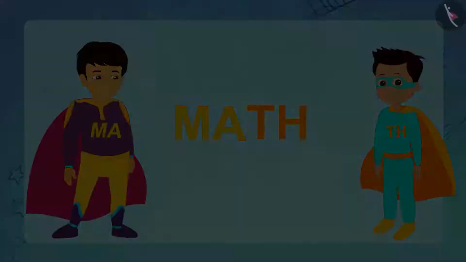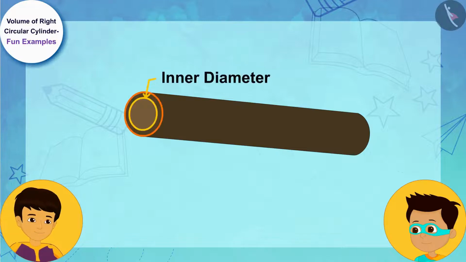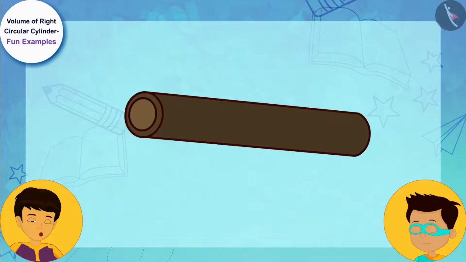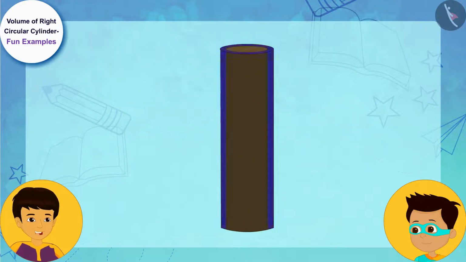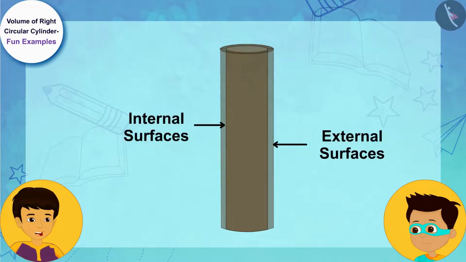Look, Thomas, because the pipe has some thickness, it has 2 diameters. The iron required to make the pipe is occupying the space between its internal and external surfaces.